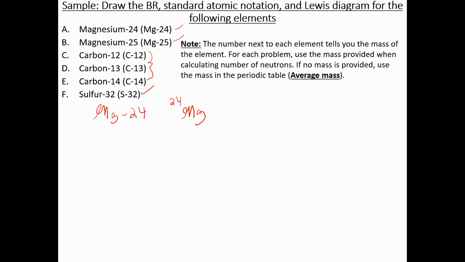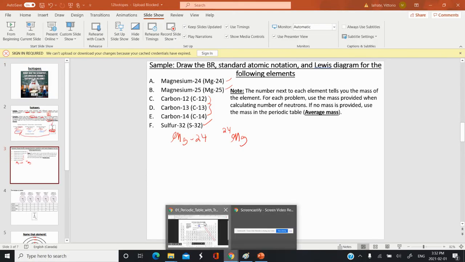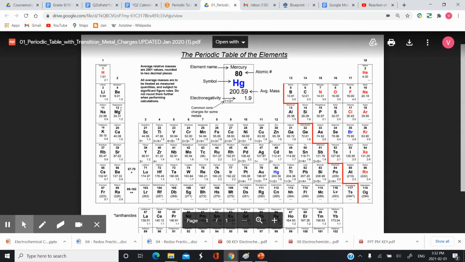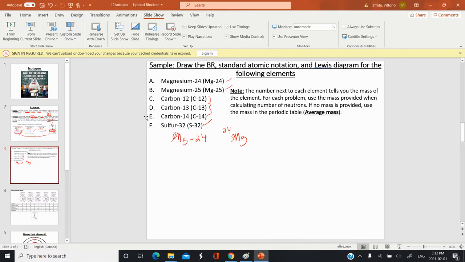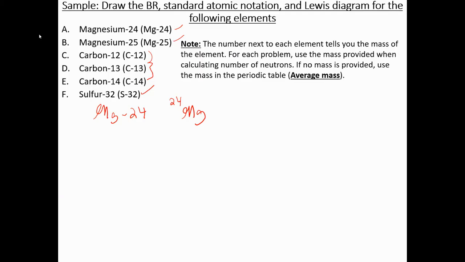And the atomic number should be what we see in the periodic table because the atomic number has to stay the same regardless of what isotope you have for magnesium. So let's go take a look at our periodic table to find what the atomic number is. Magnesium, atomic number is 12. So we can put 12 over here.